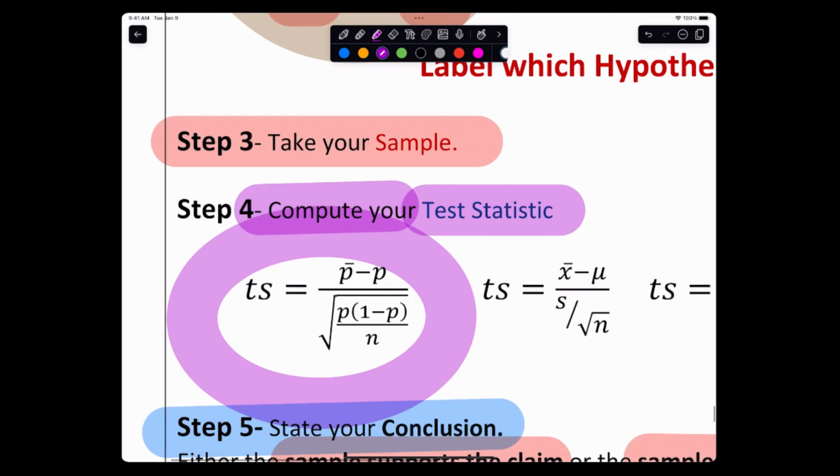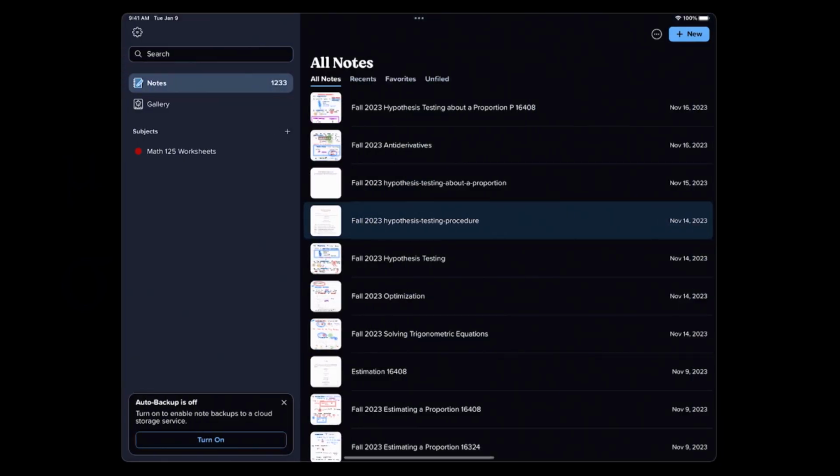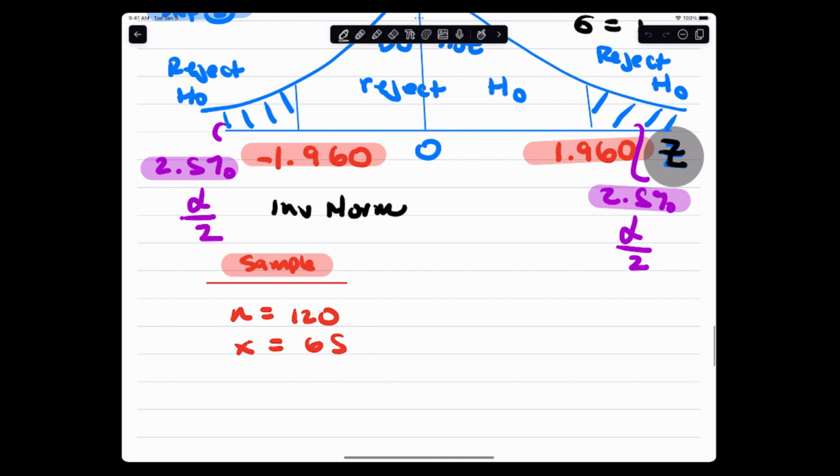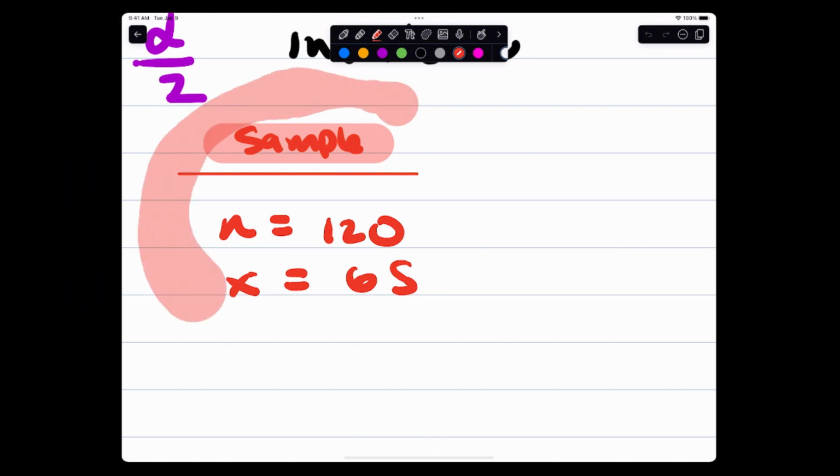But you're not going to use this formula. What are you going to use? The TI. You don't really take a sample. What you do is you read the sample information. We just read that. That's like taking a sample.